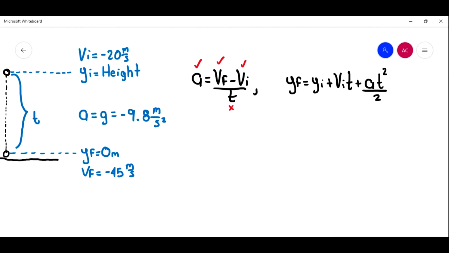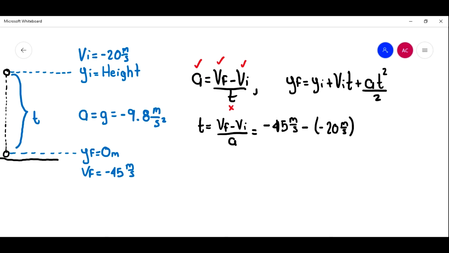So let's isolate. Time will be final velocity minus initial velocity over acceleration. So let's substitute the values. Final velocity will be minus 45 meters per second, minus, because the initial velocity is negative, minus 20 meters per second.